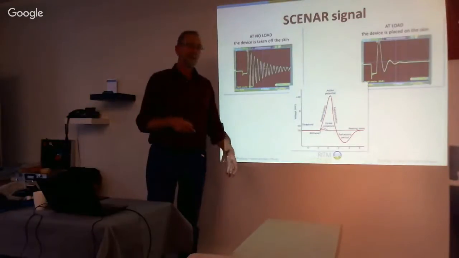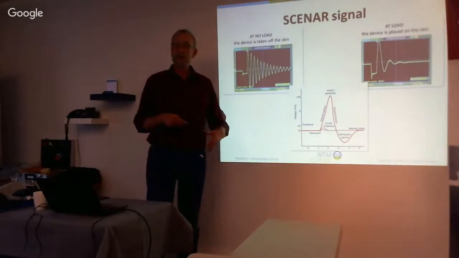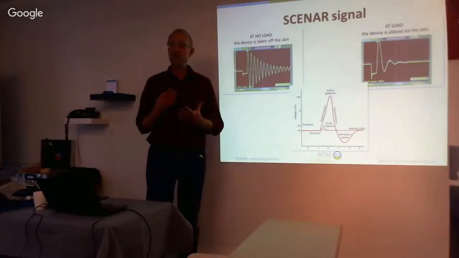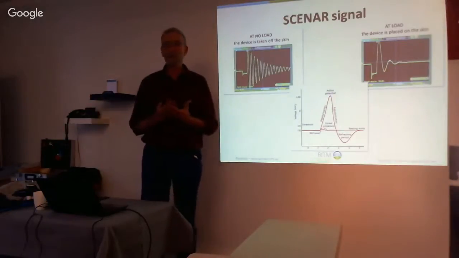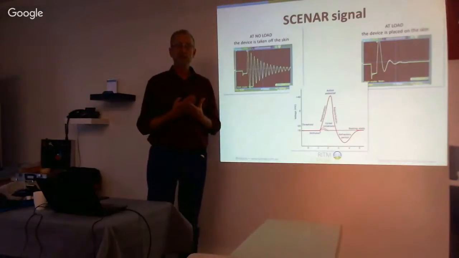What the Scenar does with that impulse is, it goes to the skin and it stimulates certain nerve fibers. It stimulates the A fibers, but that's not the important part. It mainly stimulates those fibers which are called C fibers, which don't have a myelin sheath around them.